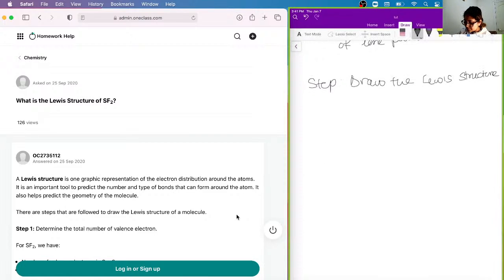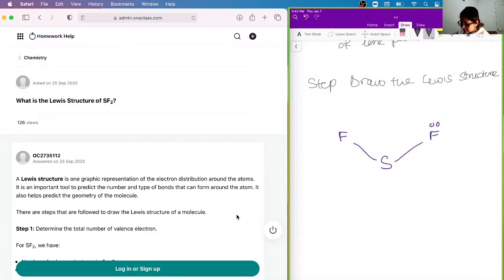You can imagine that our central atom in this case would be sulfur, and it would bond to two fluorines. Since we said we have 8 lone pairs, let's first give them to our terminal atom here, which is fluorine.